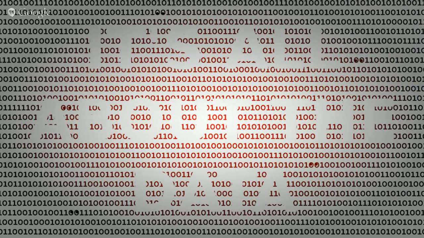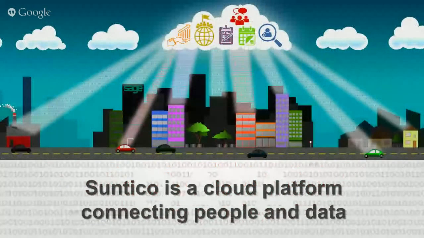And if you don't get the data right, it doesn't matter how pretty your charts and graphs are. And we at Suntico are painfully aware of the difficulties and the challenges that it takes for a small to medium-sized business to implement a reliable and robust business intelligence system for the company. And it's all about delivering that data into the hands of the people that need it most. And that's the problem that we're trying to address.